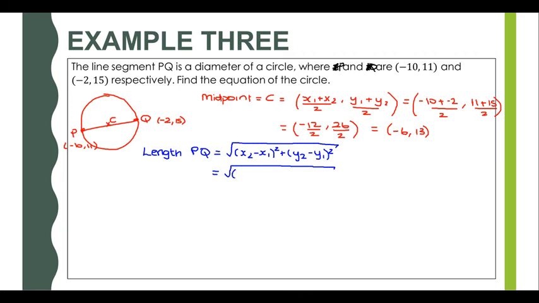So minus 10 minus 2 squared plus 11 minus 15 squared, which gives us the square root of minus 8 squared plus minus 4 squared, which is the square root of 64 plus 16, which is the square root of 80.